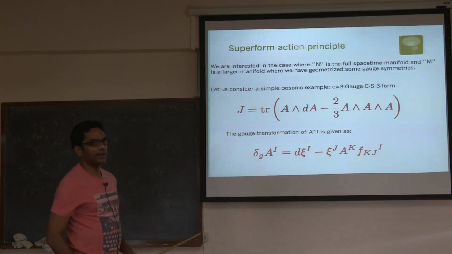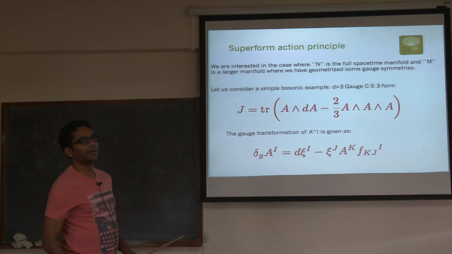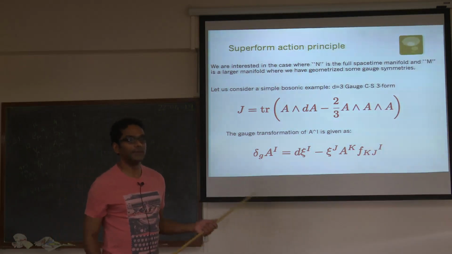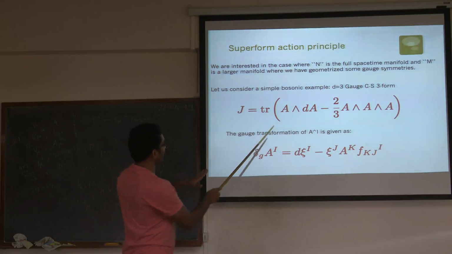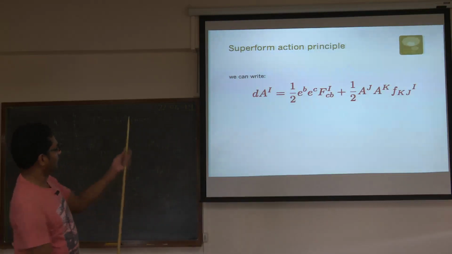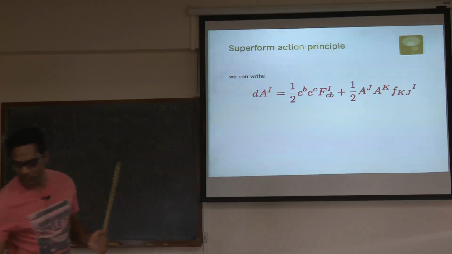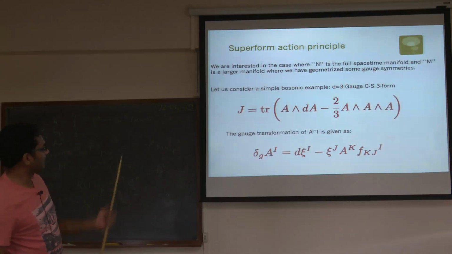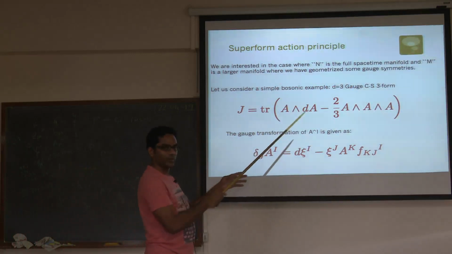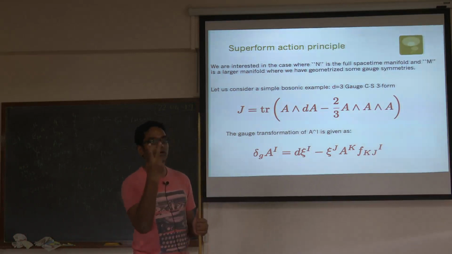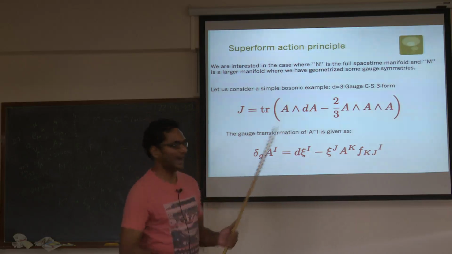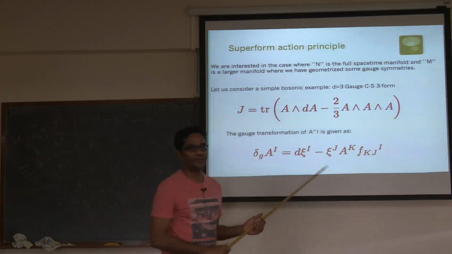I thought you wanted to write the super form as a function of some generalized real line. Correct. So if I expand this, if I use this dA, so this is my dA, and I put it in here, I'll basically have a three form with two legs along the actual Veblen and one leg along the gauge field, and three legs along the gauge field.